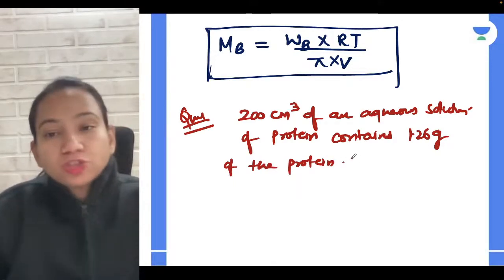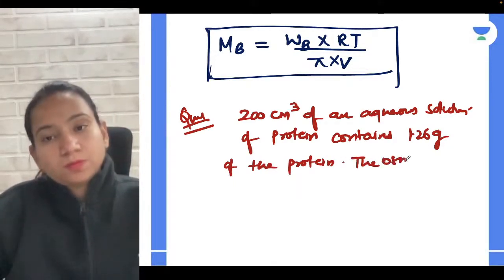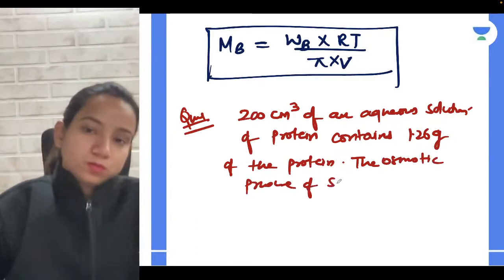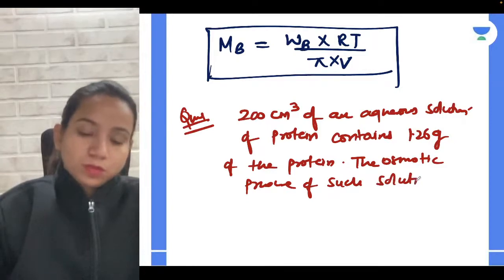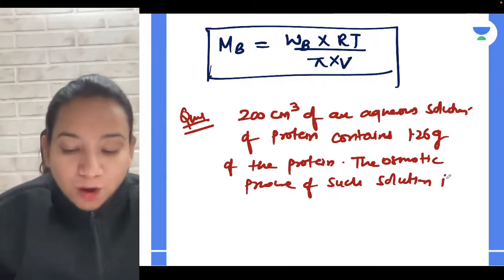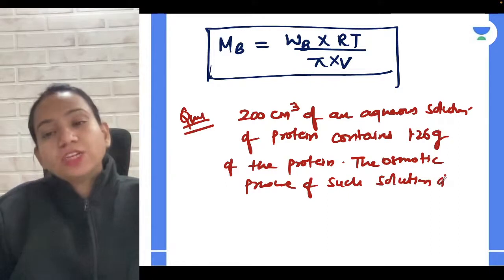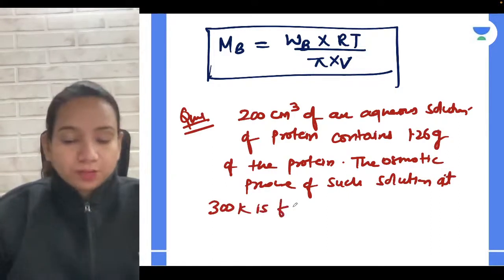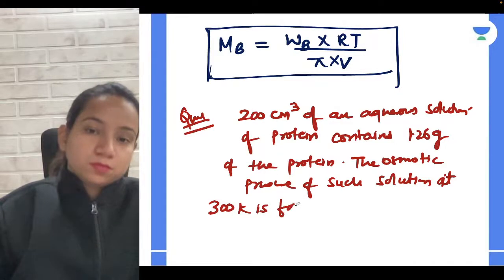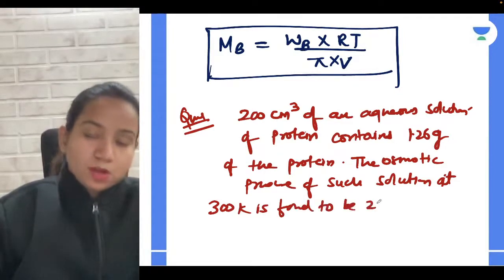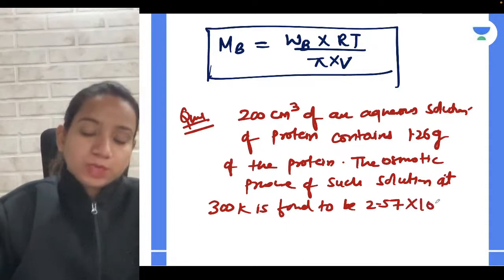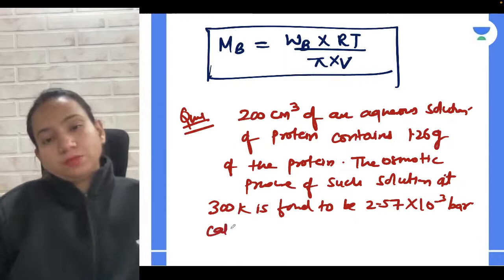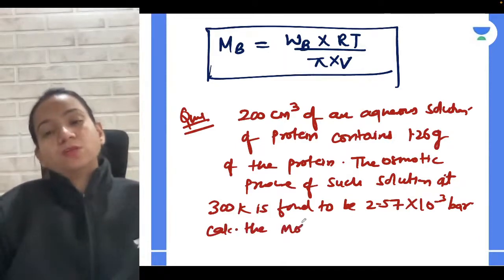The osmotic pressure of such a solution at 300 Kelvin is found to be 2.57 into 10 to the power minus 3 bar. Calculate the molar mass of the protein. Simple. Calculate the molar mass of the protein.